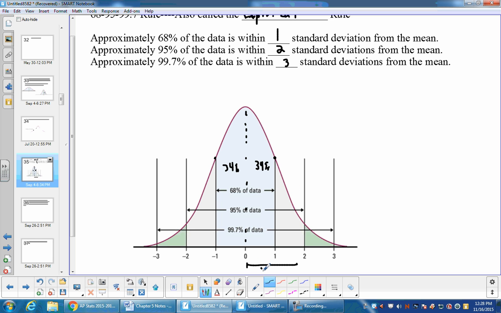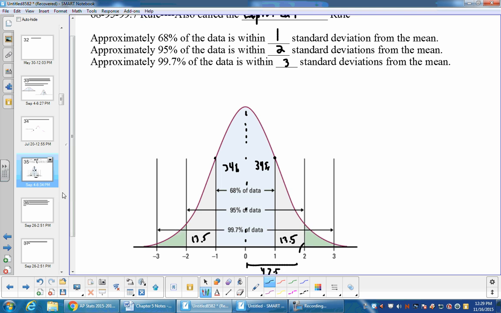If we cut that in half, it's about 47.5. That's going to be the percent between 0 and 2. So if I subtract 34 from that, you'll find that about 13.5% of the data is between 1 and 2 standard deviations. And since it's symmetric, about 13.5% of the data is over here.